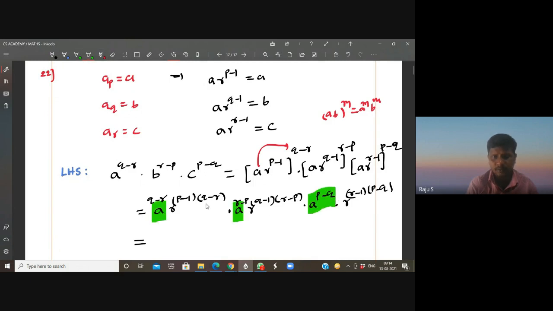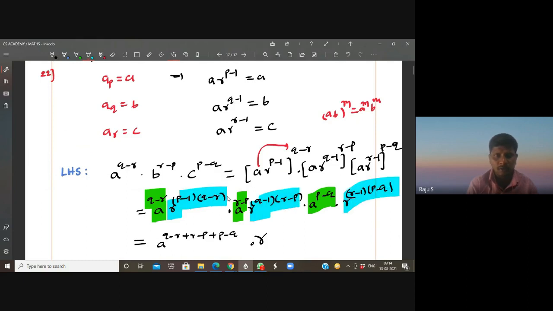When we are adding all this, A to the power of q minus r plus r minus p plus p minus q, into R to the power of... Same again here, when you observe, the base is the same, R. So adding the powers, R to the power of, multiply this.